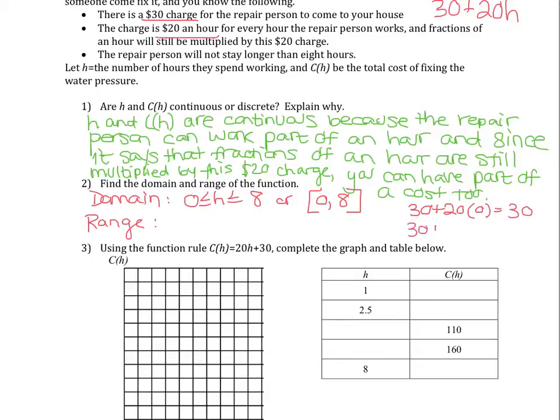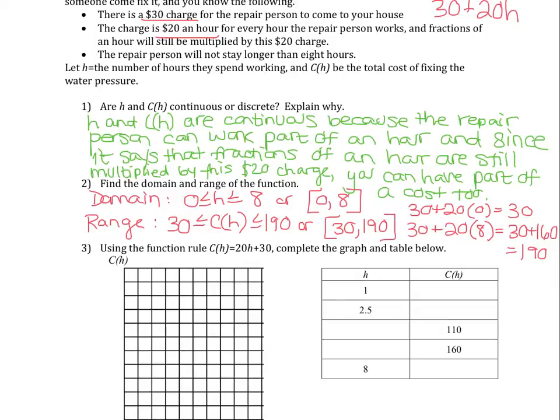And then at 8, 30 plus 20 times 8, that's going to be 30 plus 160, which is going to be $190. So our range is going to be from 30, remember it's C of H, to 190, or 30, 190, with brackets because it's included.